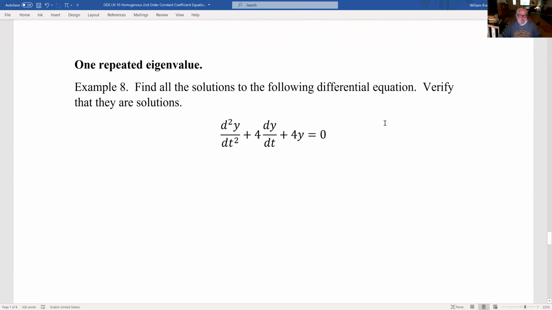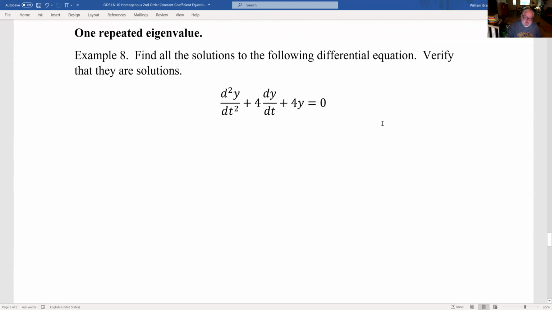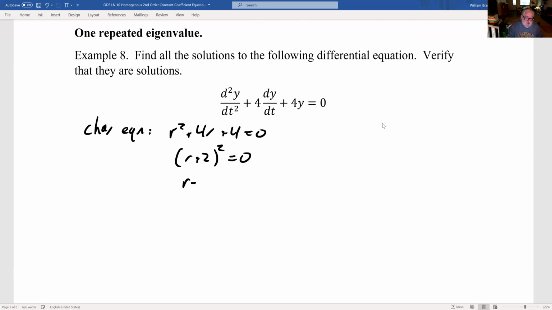So the last case is, what about one repeated eigenvalue? Same procedure for solving these things. Characteristic equation, r squared plus 4r plus 4 equals 0. You can factor that. It actually becomes r plus 2 squared equals 0, which just means r equals minus 2. So y1 of t equals e to the minus 2t.